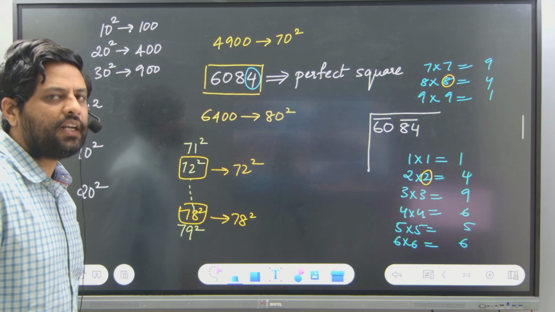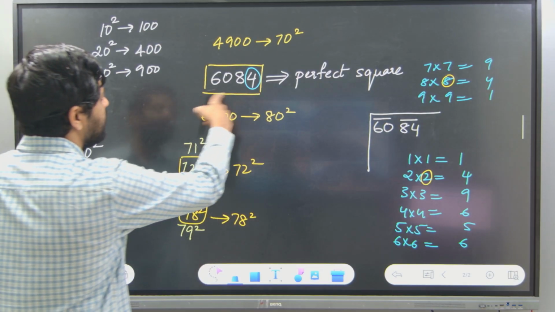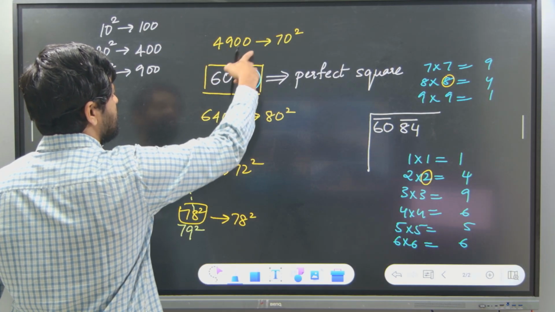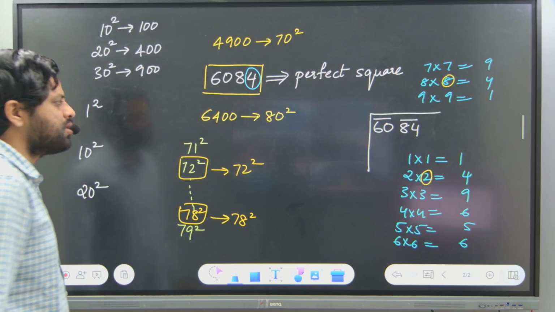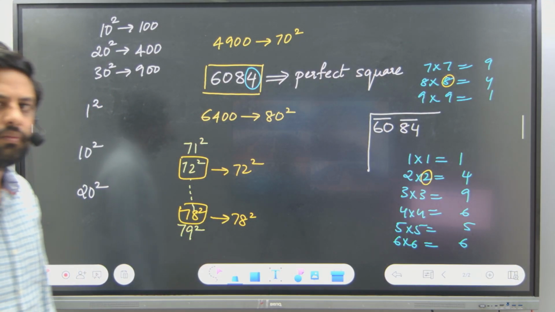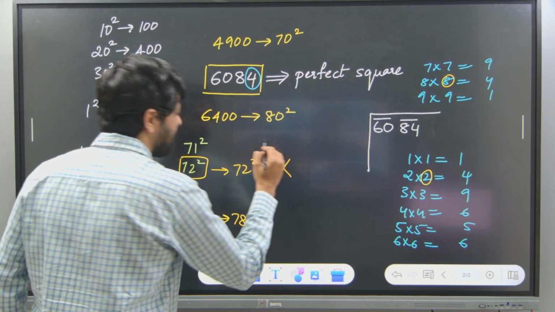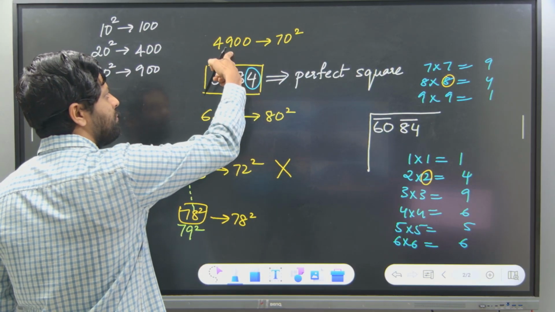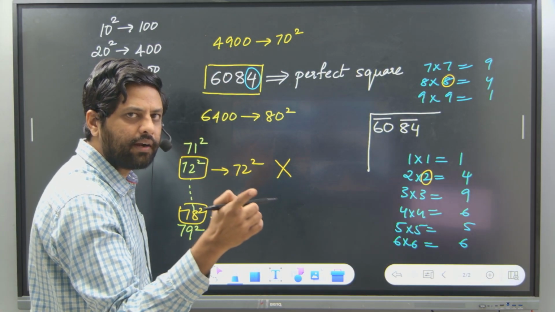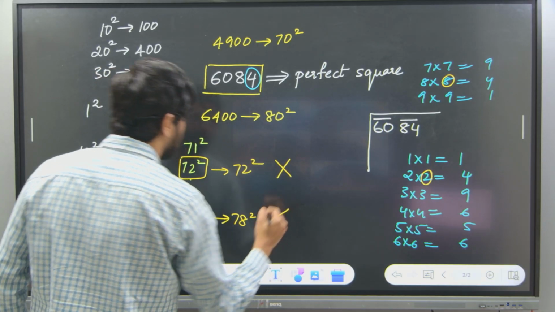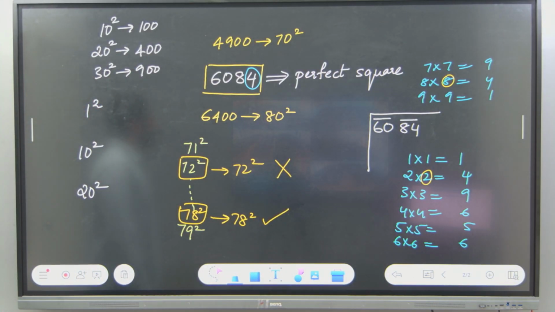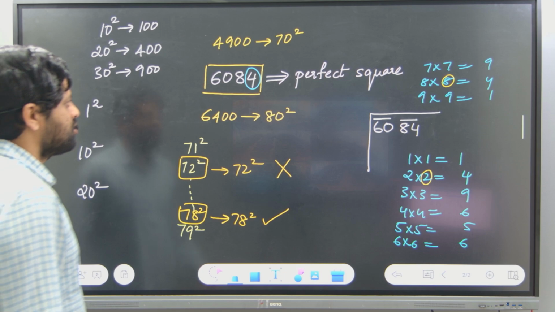Now if you look at 6084, is it closer to 4900 or is it closer to 6400? Yes. So which one will you pick? I'll not pick 72 square because 72 square will be closer to 4900 and 78 square will be closer to 6400.